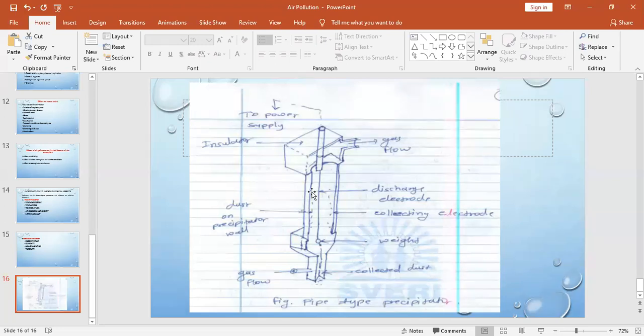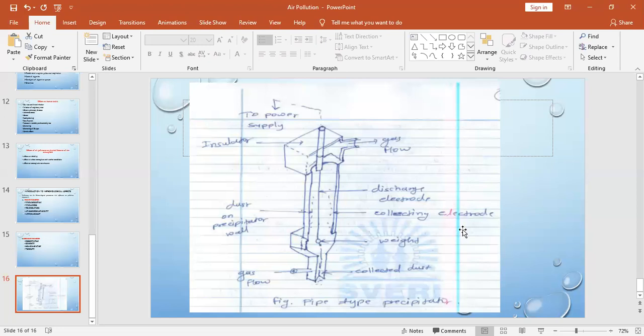Okay. In the tube type electrostatic precipitator, at the center you are observing a wire, and that wire is the discharge electrode, and at the bottom a weight is attached. Why should a weight be attached? The wire should not move here and there, otherwise there will be a short circuit. And the cover, or the inner wall of this electrostatic precipitator, is the collecting electrode.